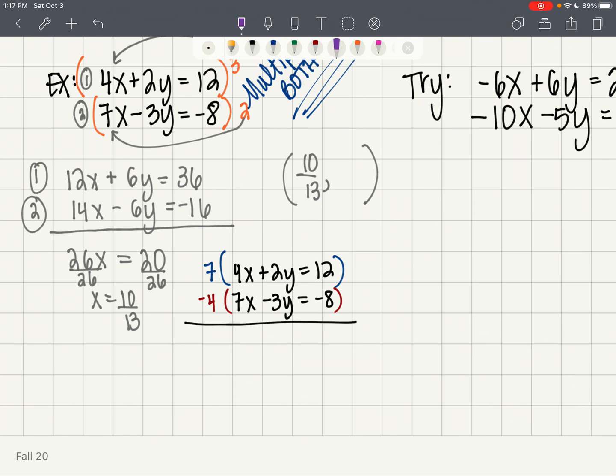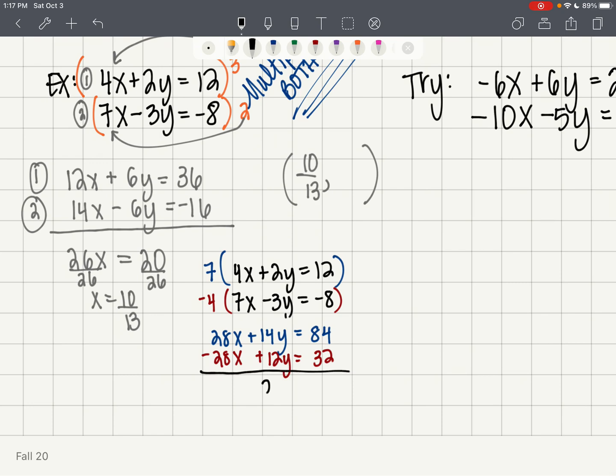That's going to give us 28x. Let me do this color coordinated first. The first equation becomes 28x plus 14y equals 84, and the second equation becomes negative 28x plus 12y equals 32.